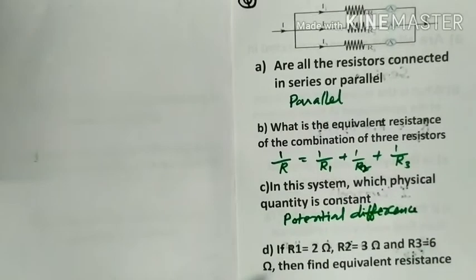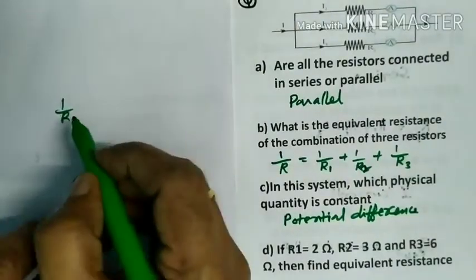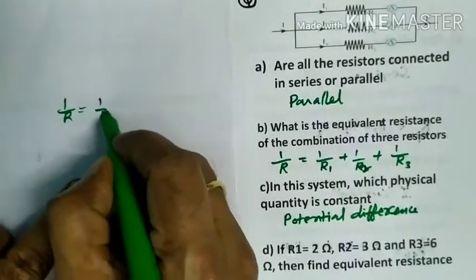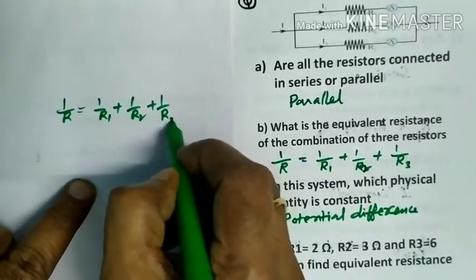Next question. If R1 equal to 2 ohms, R2 equal to 3 ohms and R3 equal to 6 ohms, then find the equivalent resistance. For this, we have to apply this formula. Equivalent resistance: 1 by R is equal to 1 by R1 plus 1 by R2 plus 1 by R3.